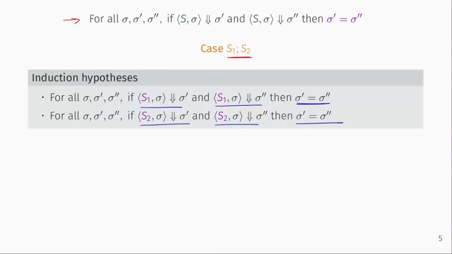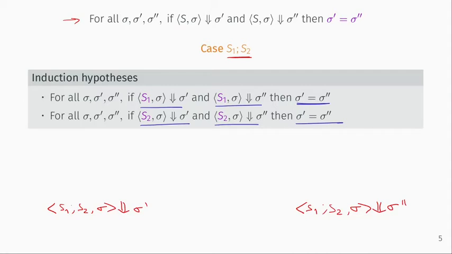So assume that we have two derivations, S1 semicolon S2, sigma leads to sigma prime, and S1 semicolon S2, sigma leads to sigma second. In both cases, we must have applied the rule Seq, which is the only one that we have for sequences.